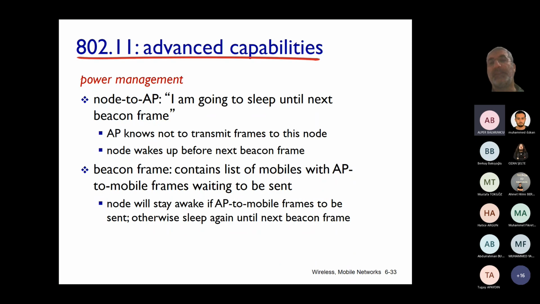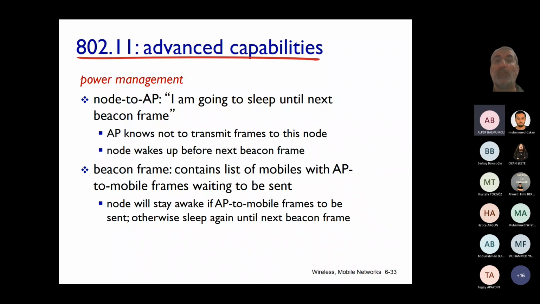Another advanced capability is called power management. The power management is important because these are mobile devices. They have a limited battery life. So in order to improve the battery life, there's a mechanism called power management.